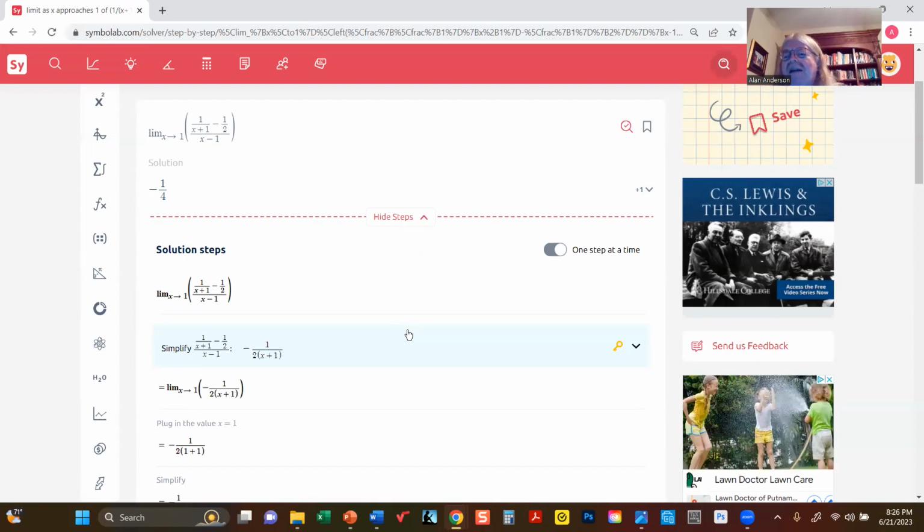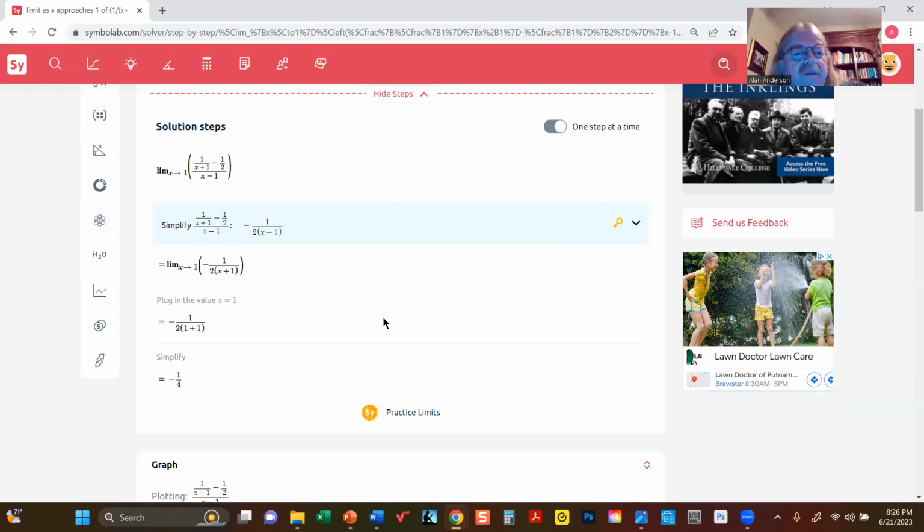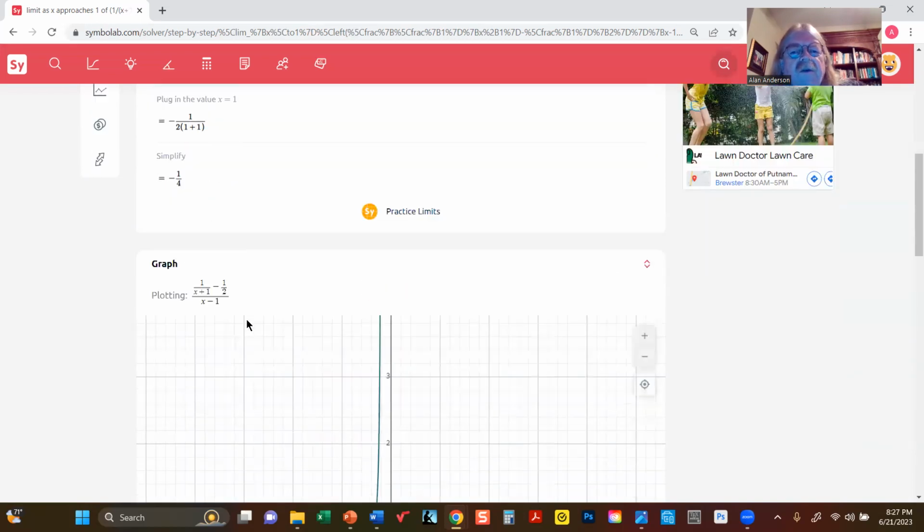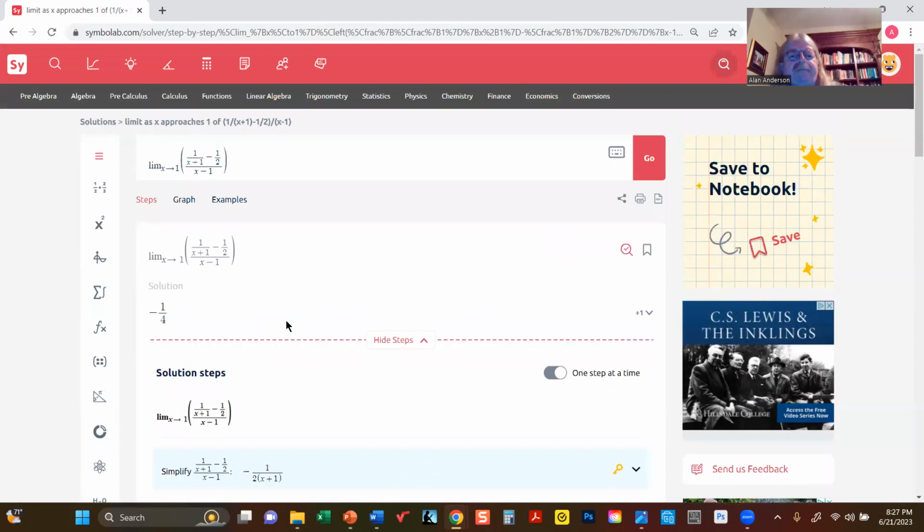It's not very much money. I have it because I might need it. But yeah, it did simplify it for us though. And so it's showing you what you need to know.